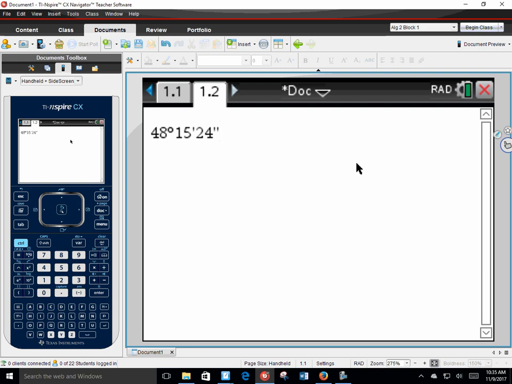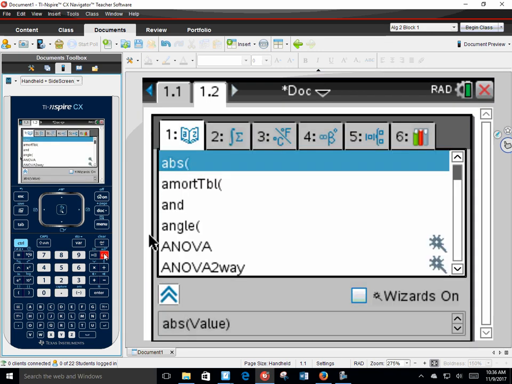Okay, so now I think that's used as like quotes or something. It is weird. Okay, so now we want to convert this to decimal degrees, so I can predict it's going to be 48 point something degrees, right? So let's go to the book button, which is 2 buttons away from the 9.